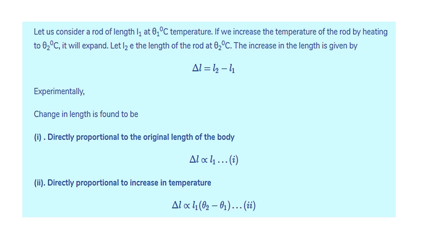Experimentally, it is proved that change in length is found to be directly proportional to original length of the body, that was L1 in this case, and directly proportional to increase in temperature, that is θ2 minus θ1 in this case.